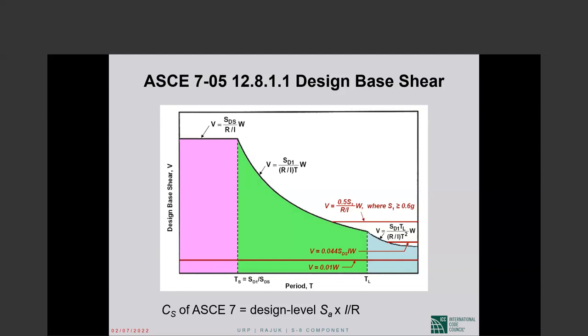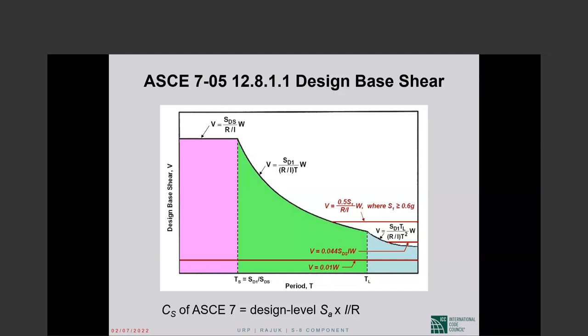In ASCE 7, there are two different minimum values. One is 0.44 S sub ds times I times W, where S sub ds is the short period design spectral acceleration, but never any lower than 1% of W. So if S sub ds is very small, this can be lower than 0.01, but we will not take it ever any lower than that.